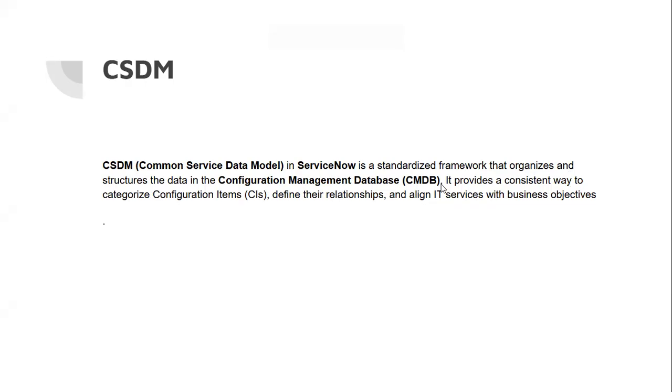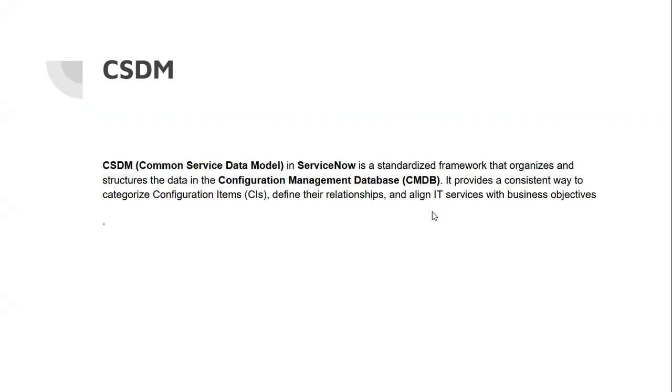How many of you know about ITIL? ITIL is a rule book which we follow at the time of implementing ITSM. Similarly, CSDM is a common service data model, a standardized framework which helps us categorize configuration items, define their relationships, and align IT services with the business objective.